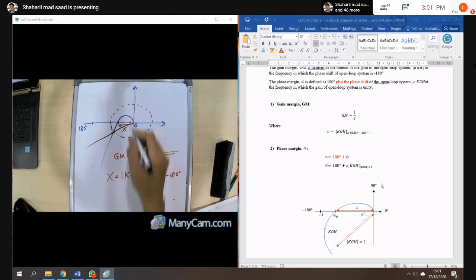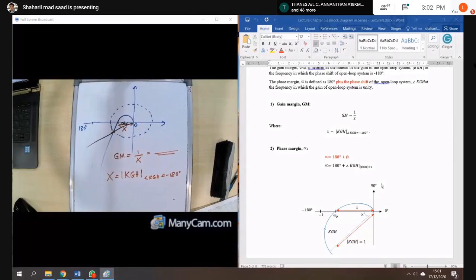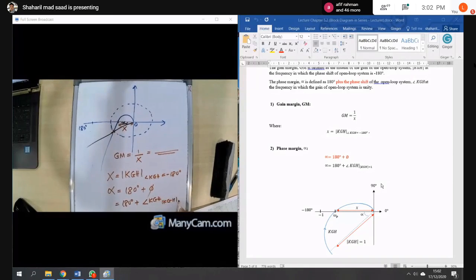This will be your phase margin, which is alpha. In mathematical terms, alpha equals 180 degrees plus the phase of KGH, where the magnitude of KGH equals 1.